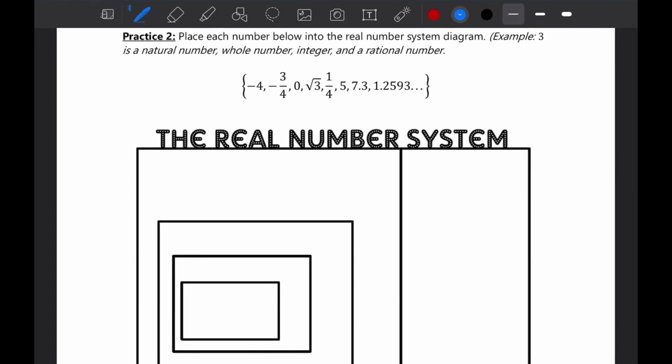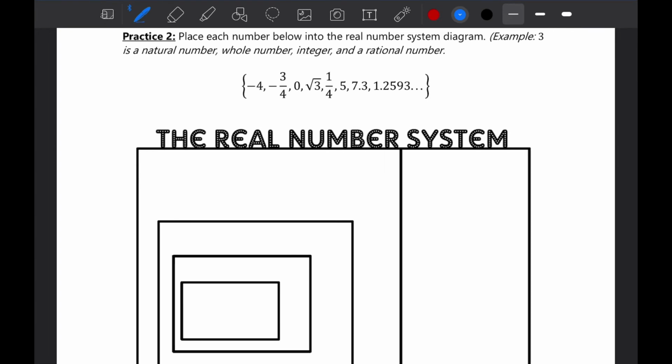Moving on to practice number 2. Place each number below into the real number system diagram. Before we start by analyzing the numbers, let's first label the boxes.